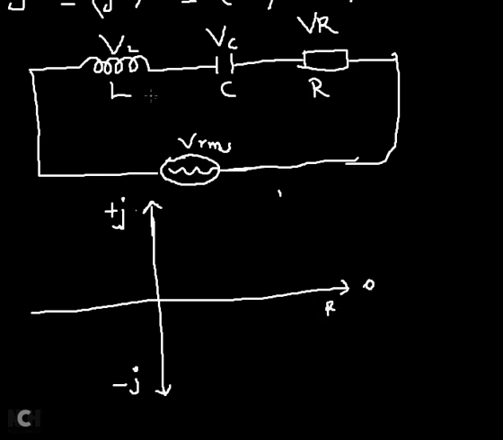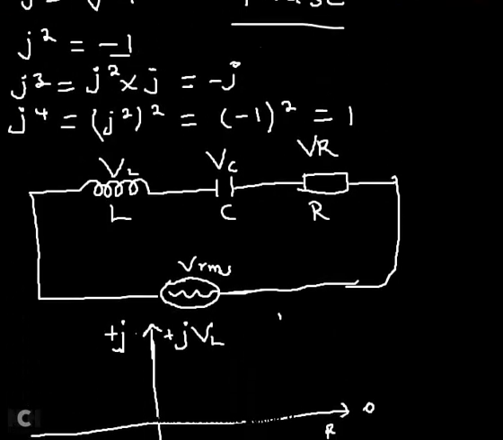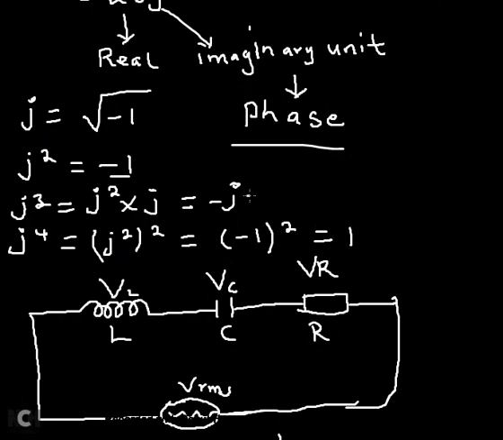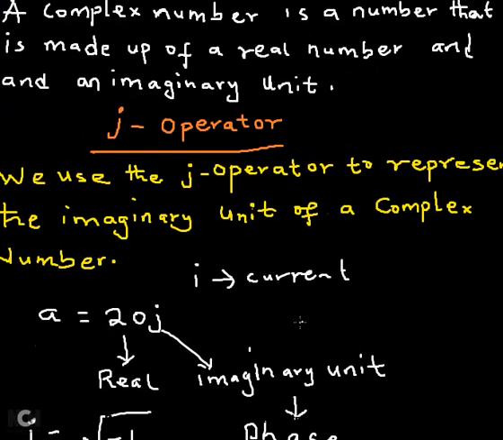So invariably now, if I'm dealing with voltage, that simply means that I will attach plus J to the voltage of the inductor. All right, why? Because the phase angle is positive 90 degrees. So we use J to represent phase angle. Please take note, let me write it down.